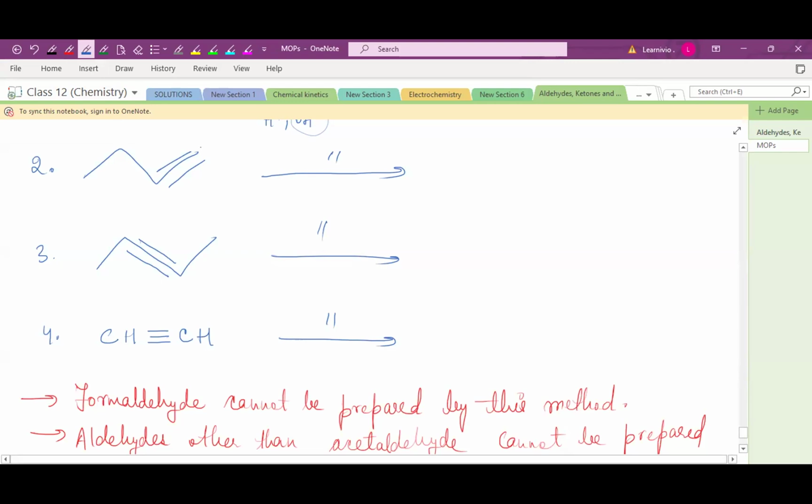First check which carbon has less number of hydrogen. This carbon has one hydrogen, and this carbon has no hydrogen: 3 bonds and 1 bond, 4 bonds are already occupied, so it has 0 hydrogen.